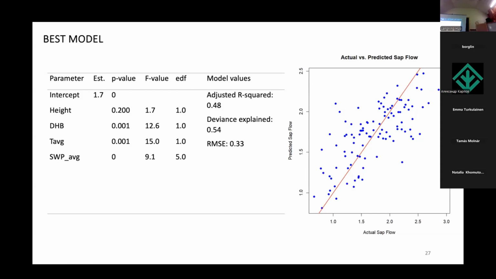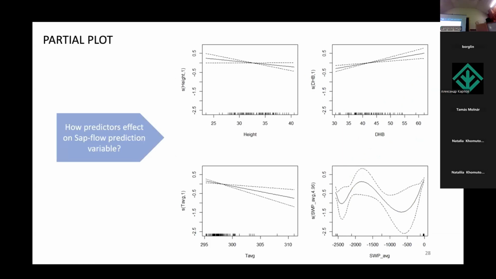The adjusted R-squared of the best model is 48%. And we need to look at the partial plots, and height is not significant for our model, and we can switch to diameter.